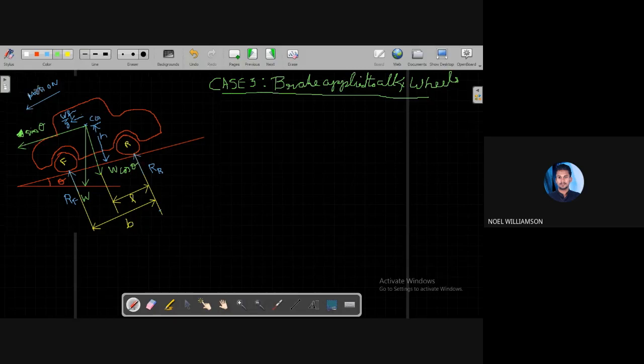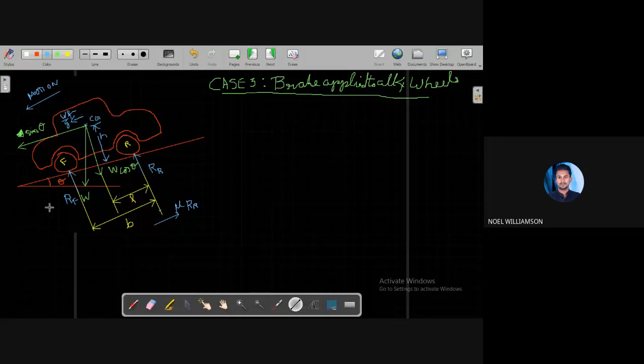Now we know this is the direction of motion, therefore the friction will be like that. So there will be friction at the rear portion in this direction, which is Fr, equal to mu into Rr.